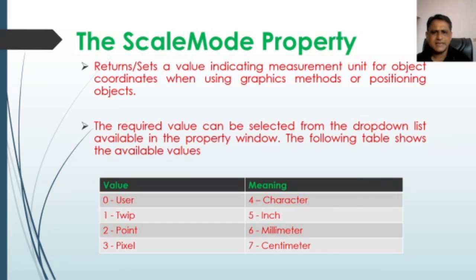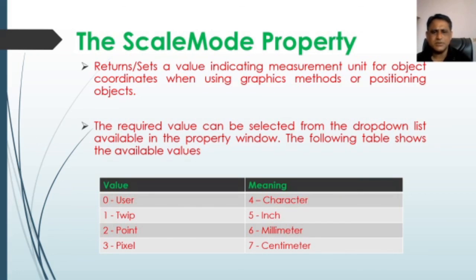Then the scale mode property. This property returns or sets a value indicating the measurement unit for object coordinates when using graphics methods or positioning objects. This property is also used to indicate the values in top, left, height and width properties.